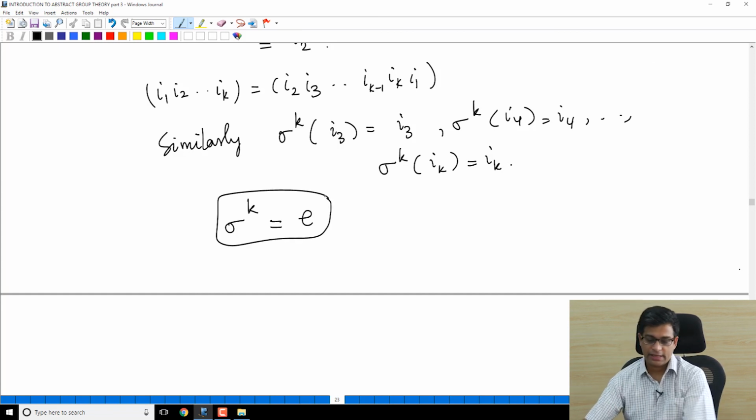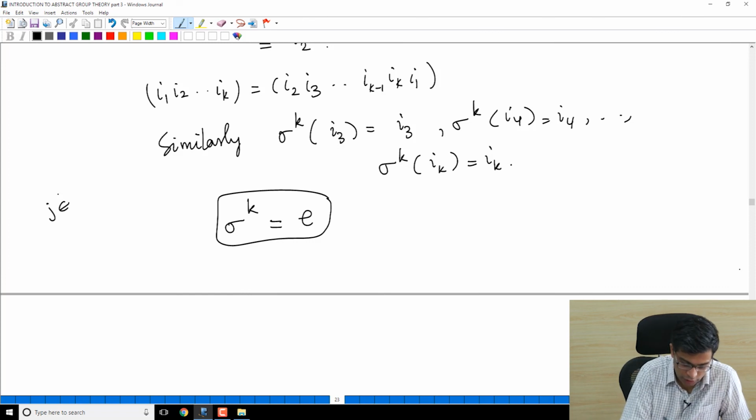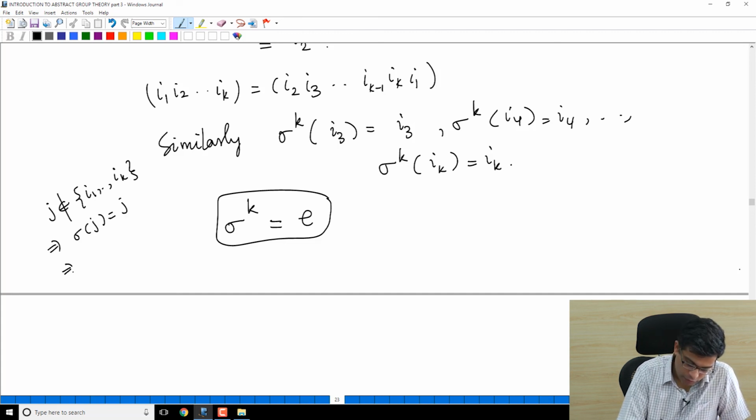Because sigma k sends I1 to I1, I2 to I2, I3 to I3, Ik to Ik, but does it send other indices that are not inside I1 through Ik to themselves? Of course it does, because sigma itself sends any index that's not equal to I1, I2, Ik to itself. So if j is not in I1 up to Ik, sigma of j is j. So sigma k of course will also send j to j.